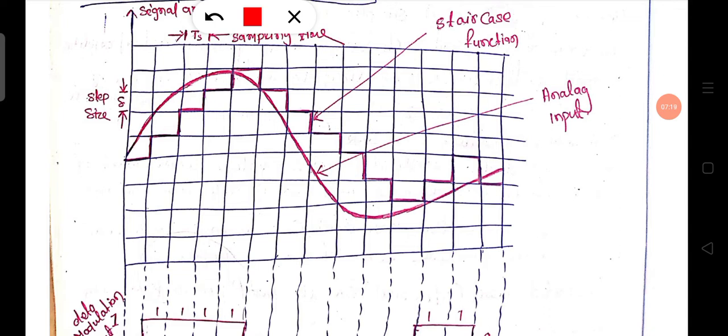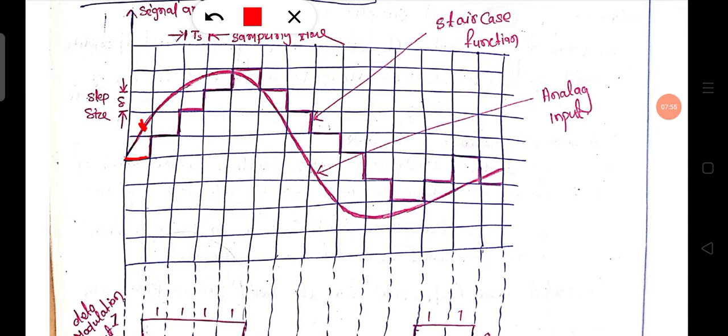The rule is that when the staircase function is compared with the amplitude of the upcoming analog signal, and the amplitude of the analog signal is more than the voltage level of the staircase, then the staircase goes one unit, that is one delta, upward.